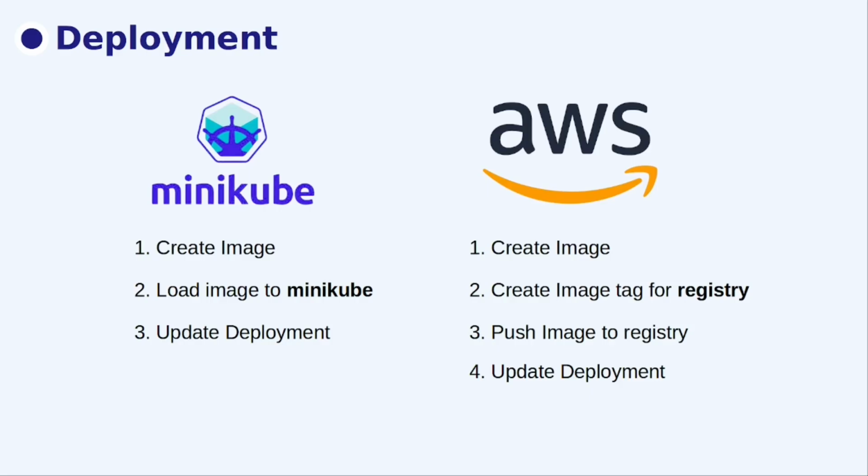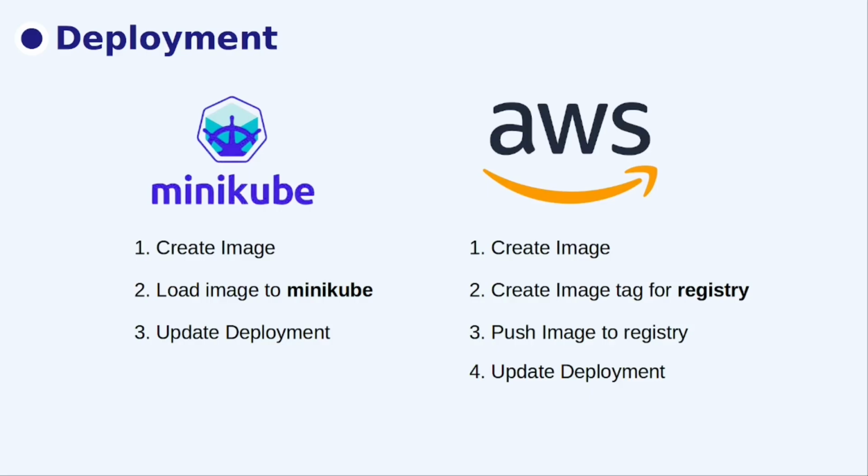After that, we push the image to the registry so the Kubernetes cluster can access it. Finally, we update the deployment. Kubernetes will roll out the new version of the application.